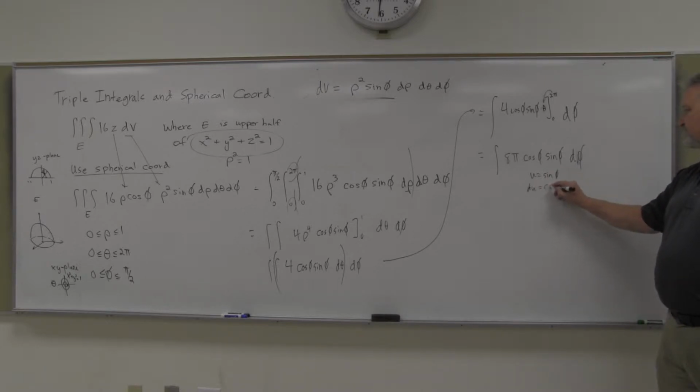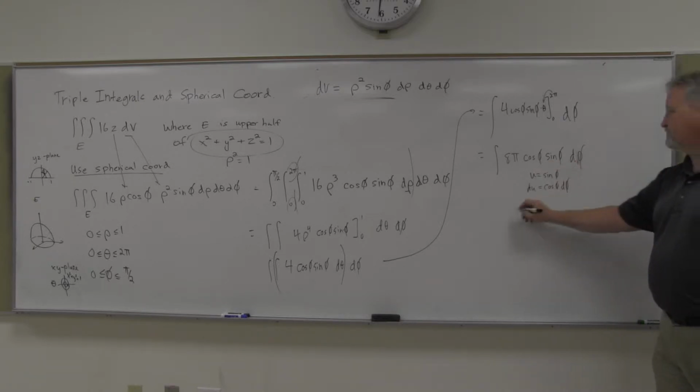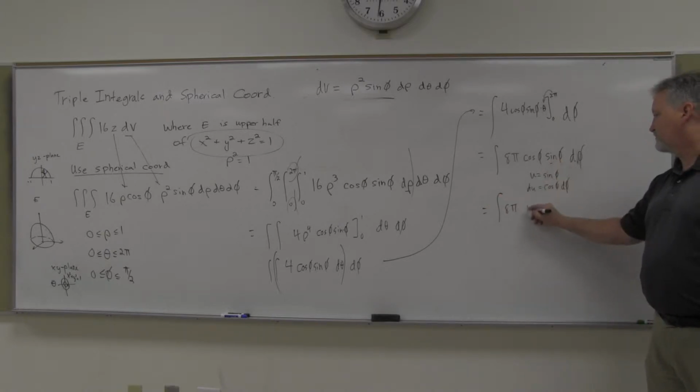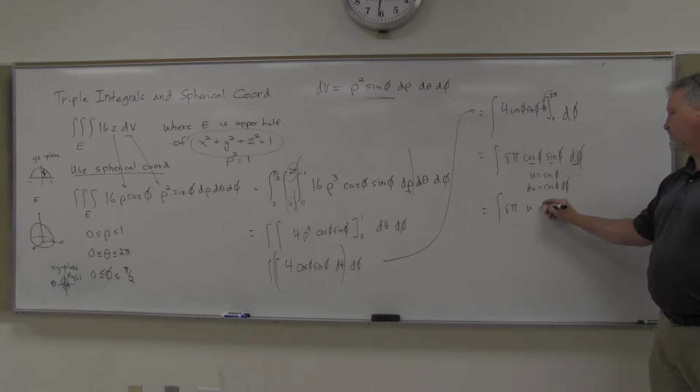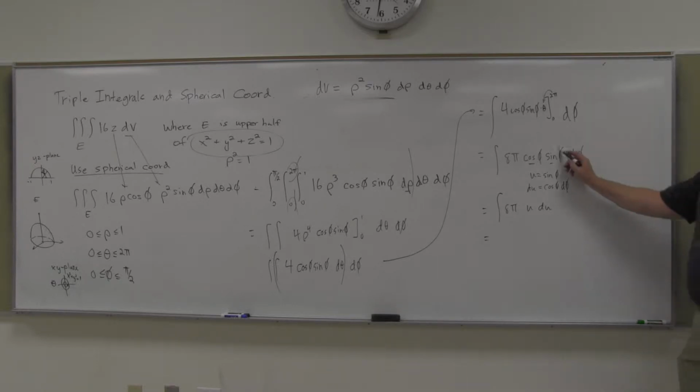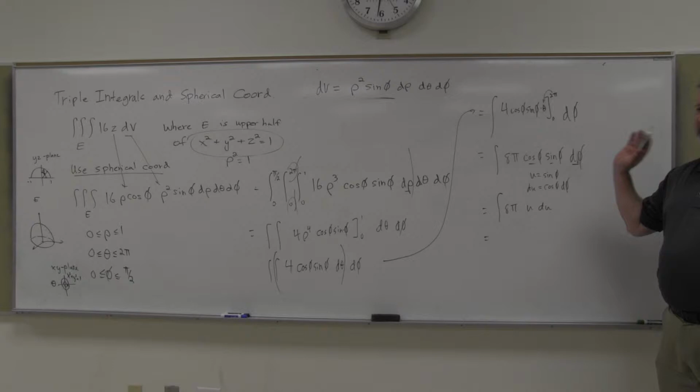Du is then cosine phi d phi. So that's u, and then that's du, so you've got just 8 pi. That's u, and these two are du. So that's another way you can do it. The book likes to change this to the double angle. That would be half of sine of 2 theta or something.